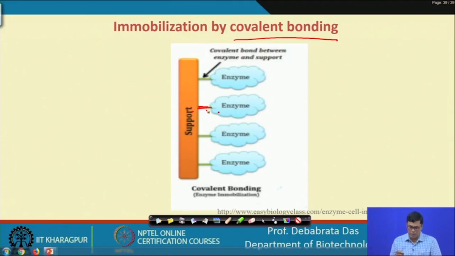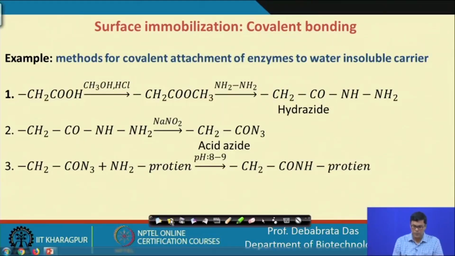So it is the strongest, but for doing so, we have to treat the solid matrix with chemicals, and then only will it bind covalently. During this process, there is a loss of activity of the enzyme. That is the major drawback of this process.